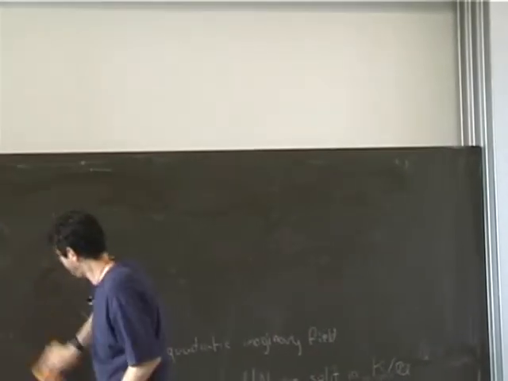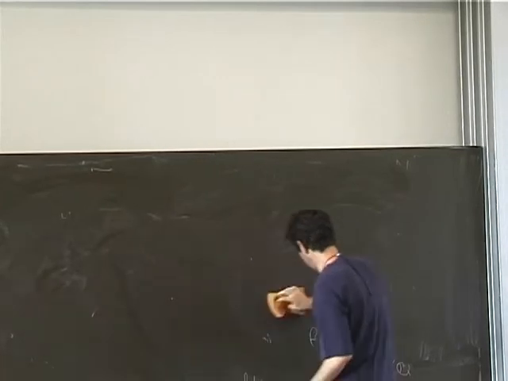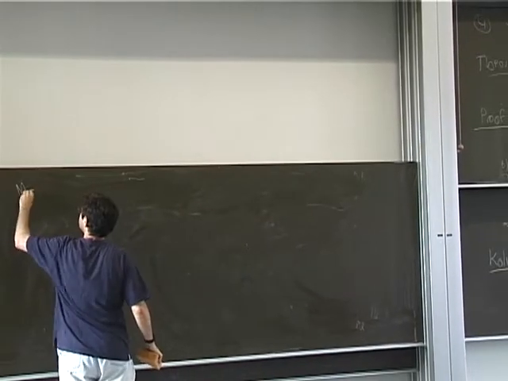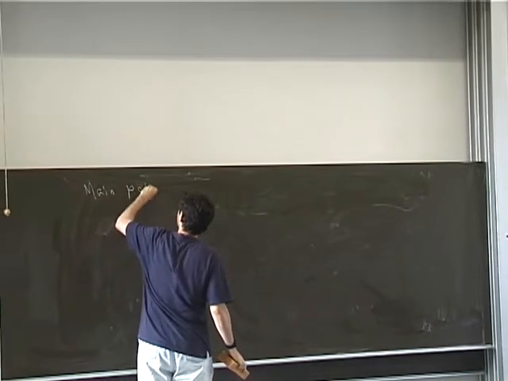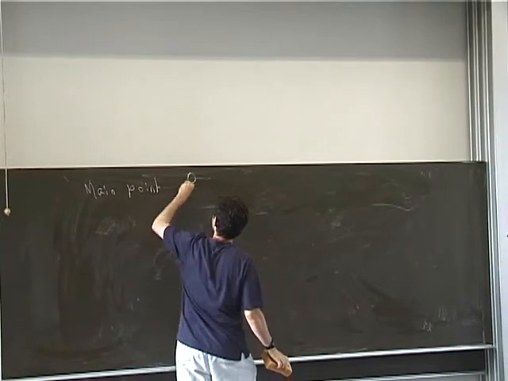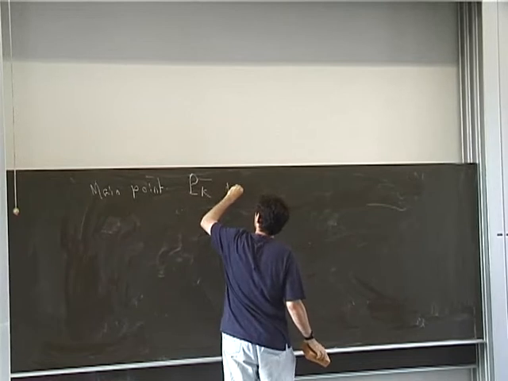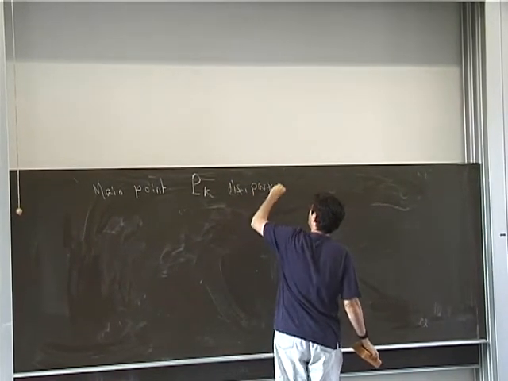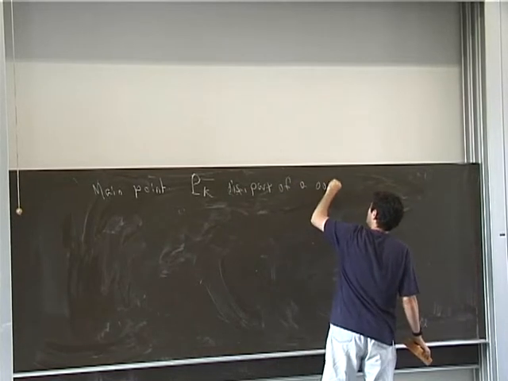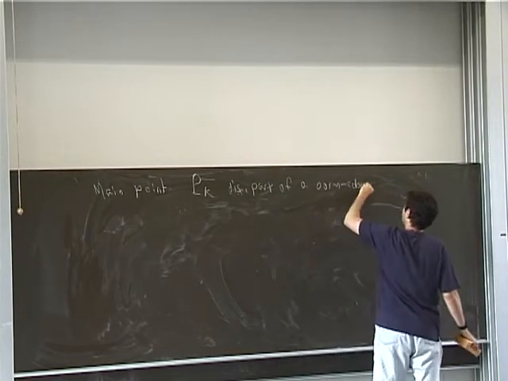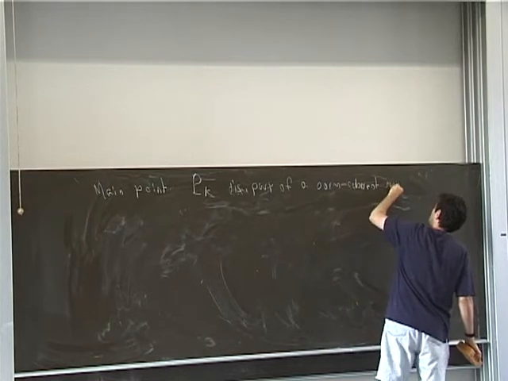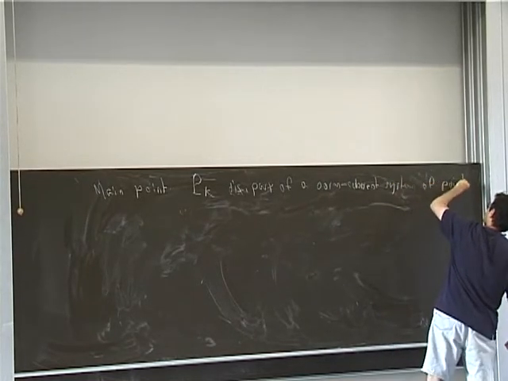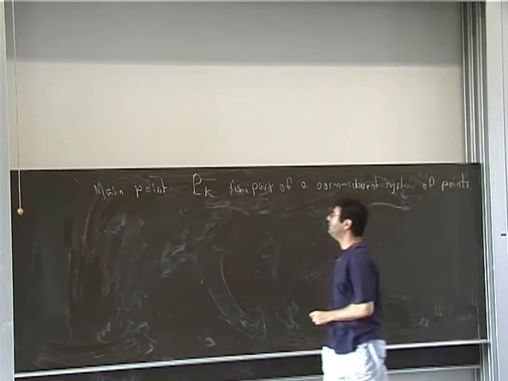So the main point is that the Heegner point P_K is part of a norm coherent system of points. So what do I mean by that?